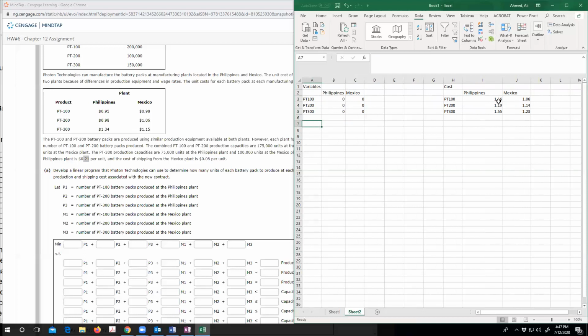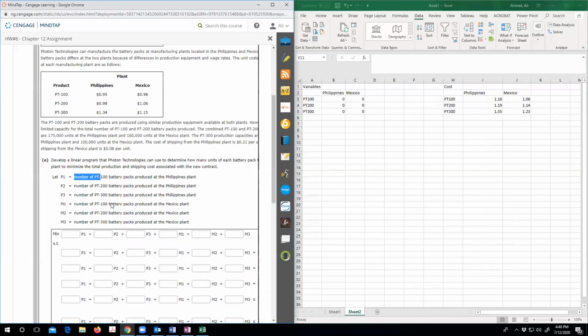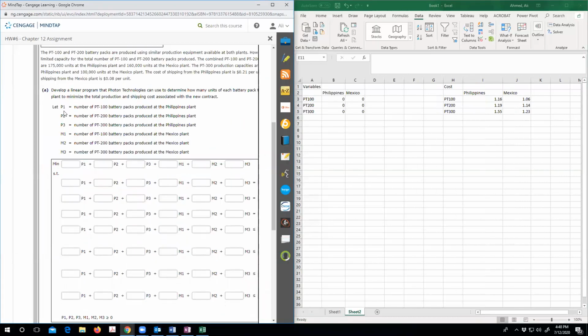And then the first thing we have to find: these are all the number of constraints, number of variables. So P1 is one variable, which actually refers to this cell. It is the number of PT 100 made in the Philippines, and P2 is referring to this cell, and P3 is referring to this cell.